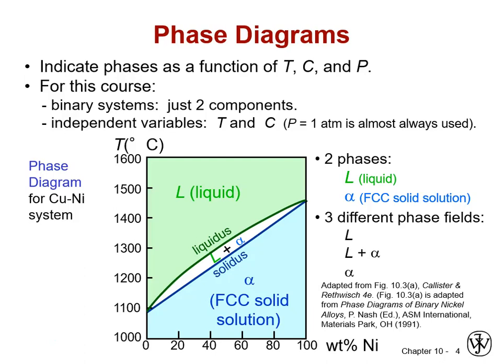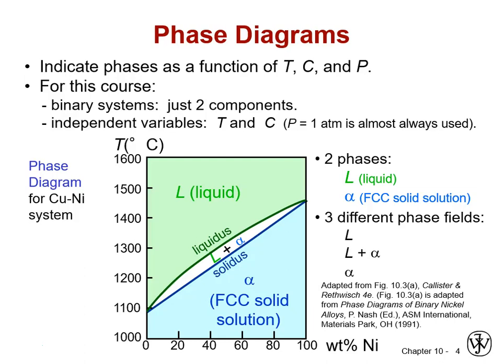Now in between that, the onset and completion of melting or solidification changes depending on our composition. So we will have a two-phase region, liquid plus our alpha solid solution, depending on our temperature and our composition within that region. So we'll do some examples with the animations on this diagram to take a look at how that works.